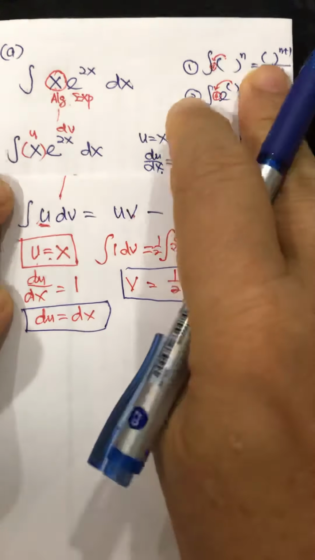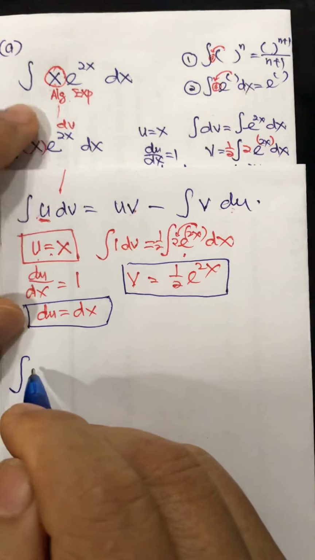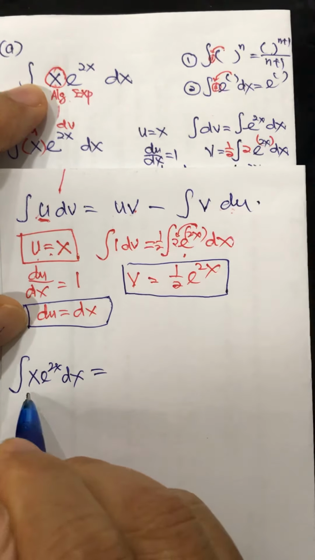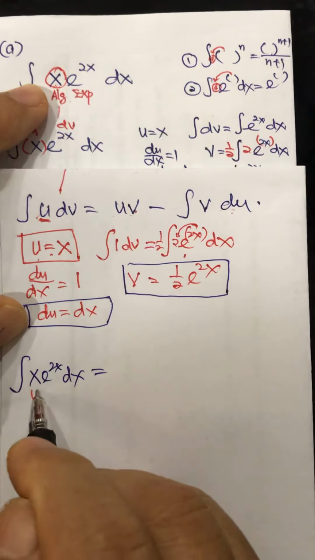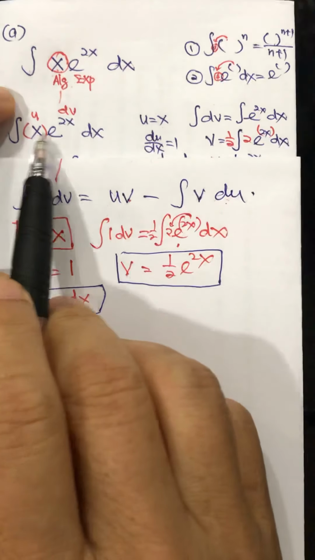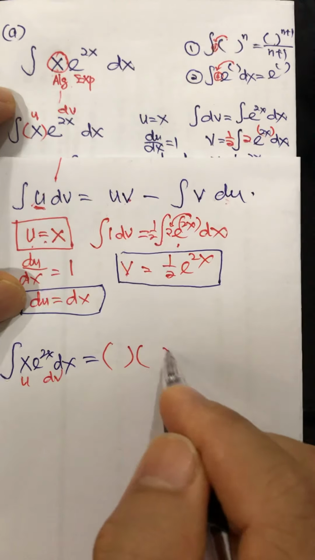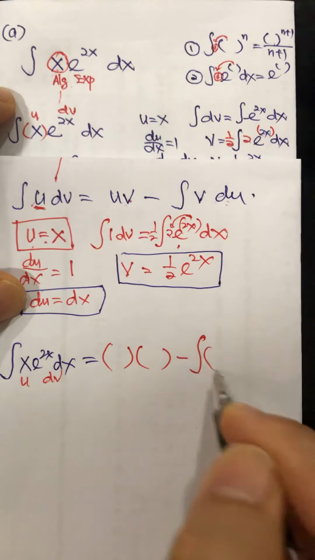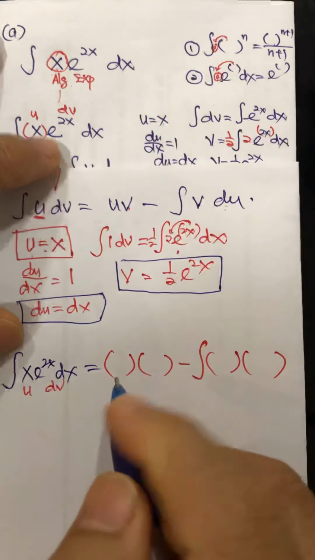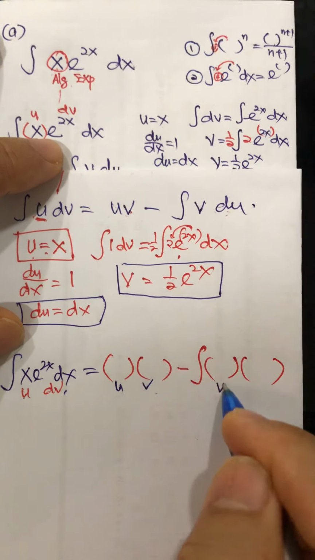So what we do here, I substitute. The question is x e to the 2x dx. So this, just now I said already, is my u, this is the dv here on top. So I just substitute. You just write down the formula like that. You put the brackets first. Then you remember, this should be uv minus v du.